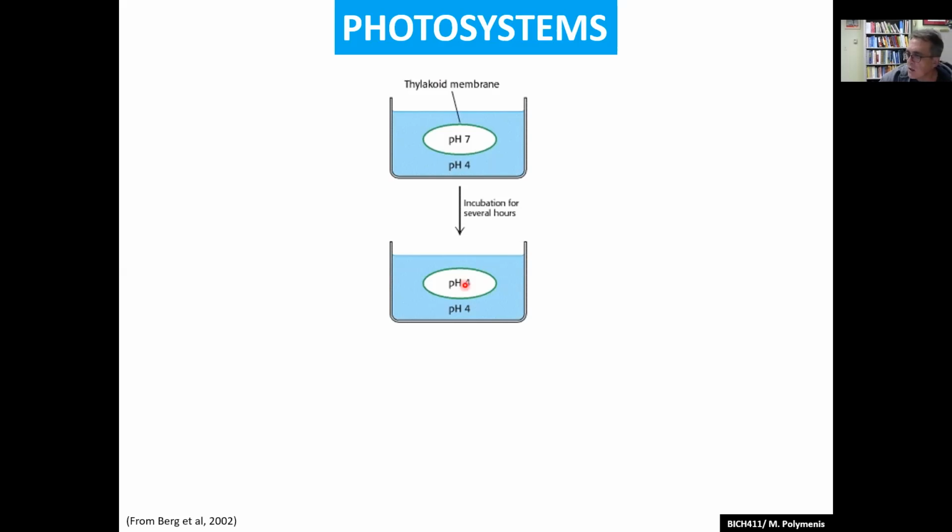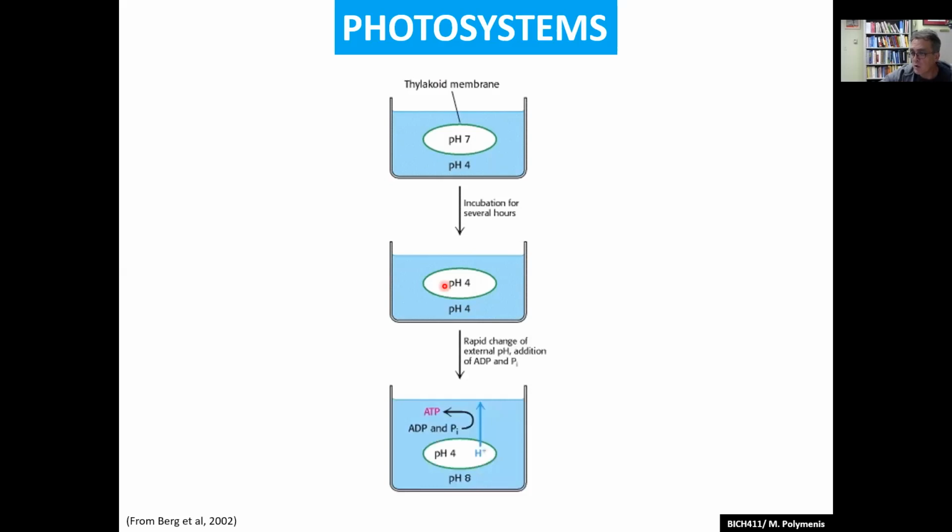Then you will have plenty of protons in, and all you have to do is put them back out into a low proton solution, and the protons want to go out. If it's the proton translocation that actually makes ATP, then you should get ATP, because these membranes also have the ATP synthase on them. He didn't do anything to the ATP synthase, so it was left there. Sure enough, he saw ATP production, and all he had to do was change the pH.